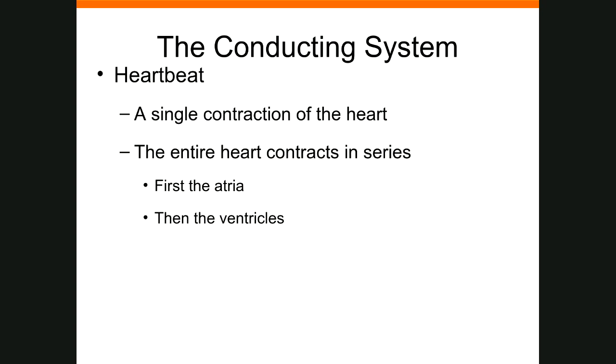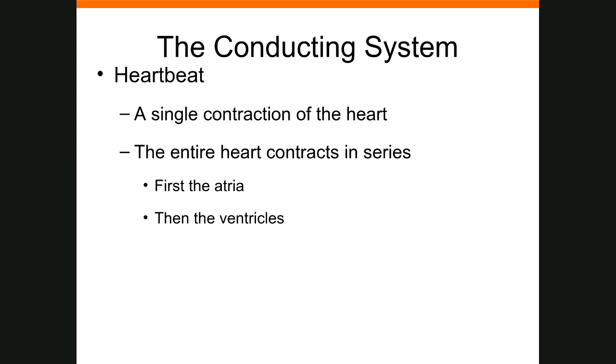When the heart beats, in a single contraction the entire heart contracts in a series, first the atria, then the ventricles. And in the heart we have the intercalated discs, which contain gap junctions that play a role in passing action potentials easily between those muscle cells.